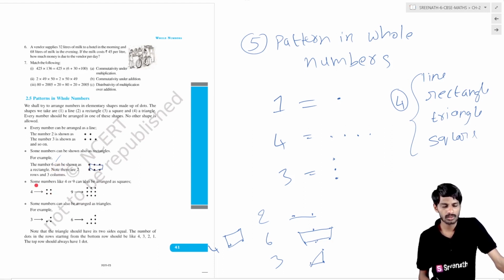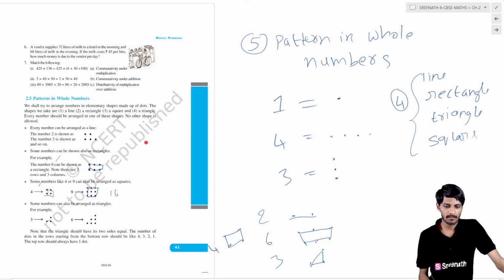And 4 you have to represent as a square. For that square we take 4 dots, so 4 dots make a square. And next, what is the next square number? That is 9. By using 9 dots you can form another square. Then think about what the next square is, that is 16.